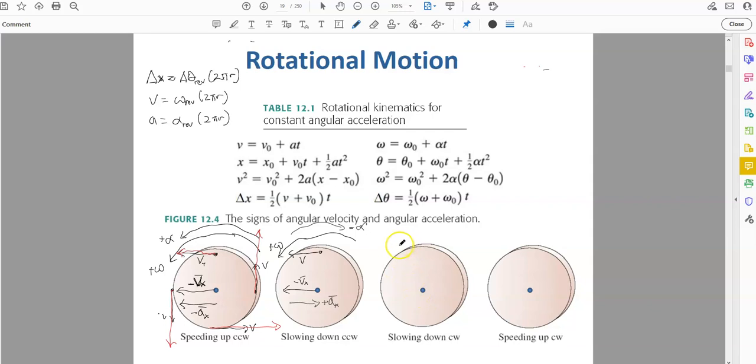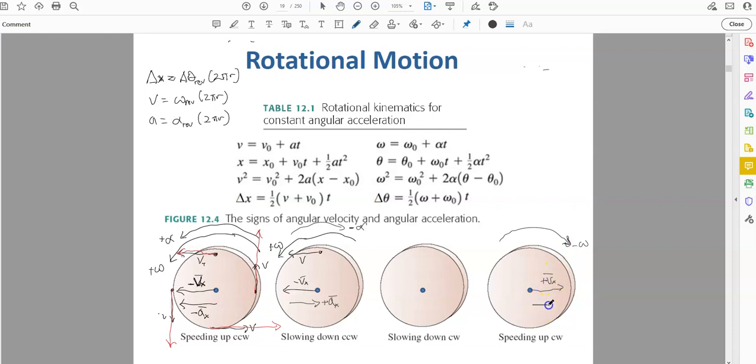Okay, so in this case, let's do this one first. Let's say we're speeding up in the clockwise direction. That's going to be a negative omega, which means the wheel is going to be moving to the right, in the positive x direction.